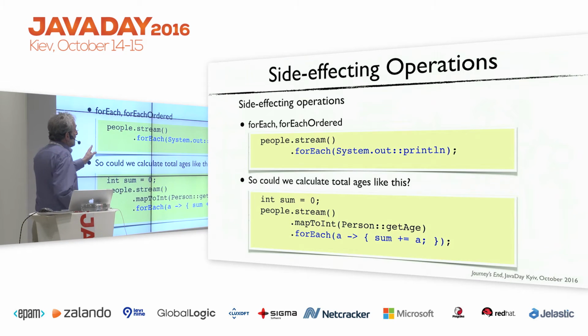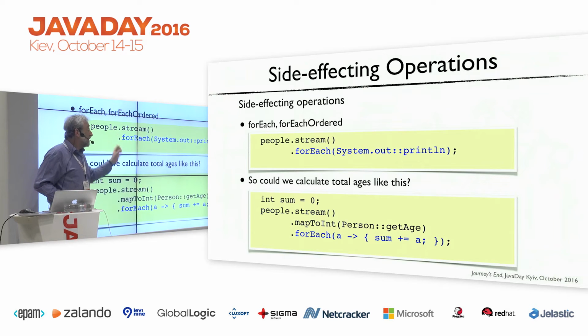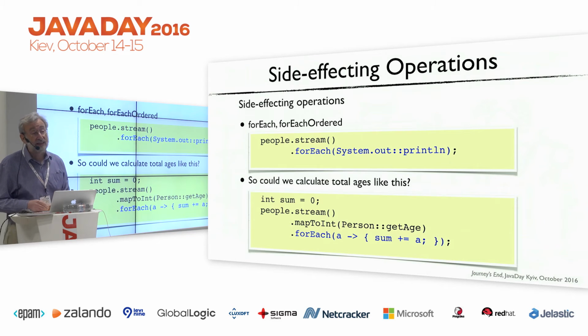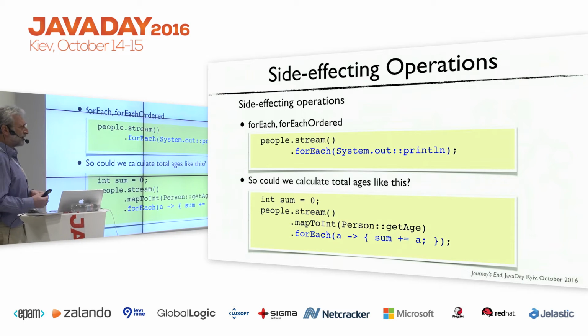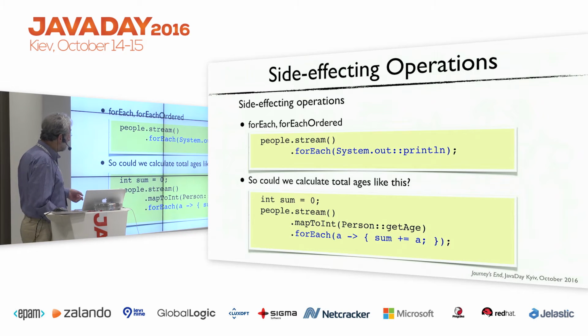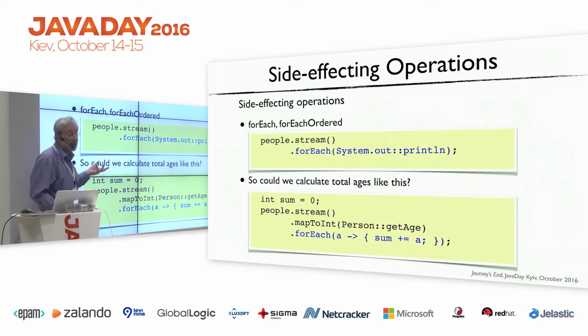People understand this because it's like iteration. Quite often I get asked the question, or I used to see it asked a lot on Stack Overflow, and by far the biggest score I've got on Stack Overflow is answering the question about how you would, for example, calculate total ages.